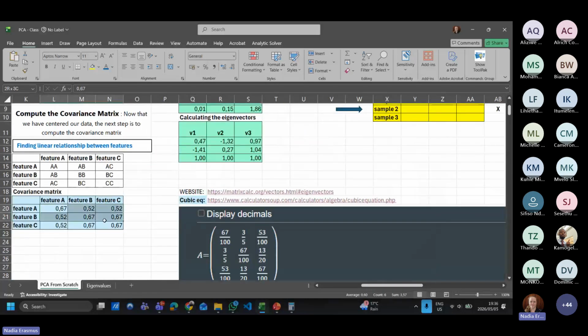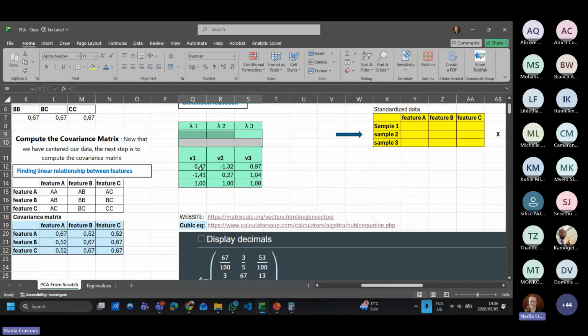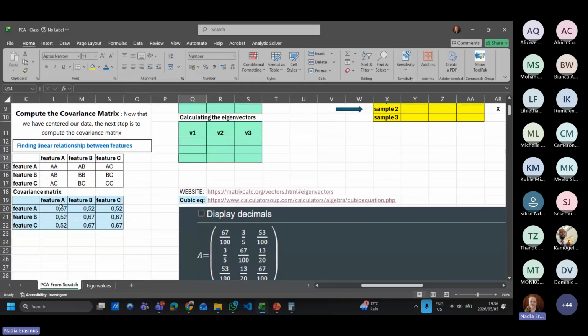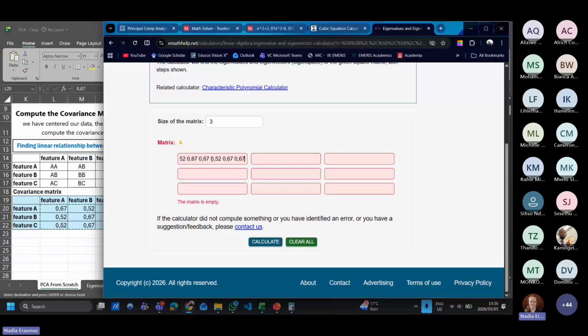Okay, so let me just check this one. I just use it as a baseline for the calculations, but I changed the values inside my first equation, so that's why it's different. Okay, so let's paste it. In this case, it's 0.67, 0.52.